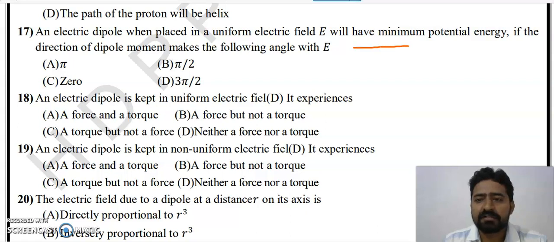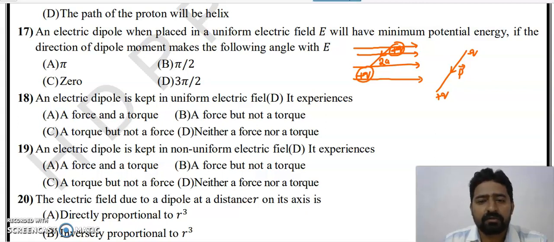So this is the electric field E. Now you have to place the dipole in it. A dipole is a pair of positive and negative charges separated by a distance, that is 2a. From the negative to the positive charge, that is the dipole direction.